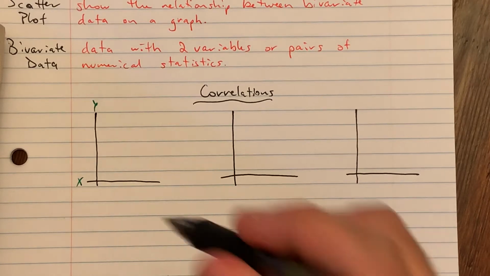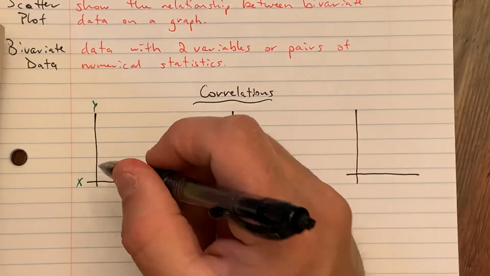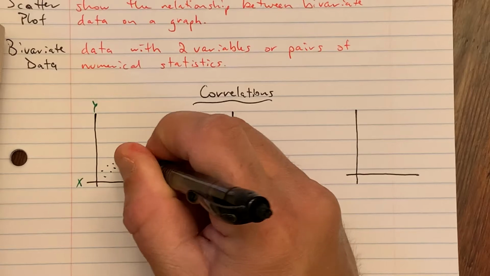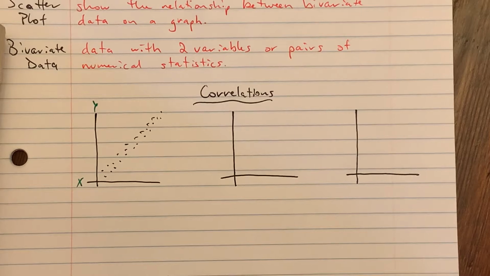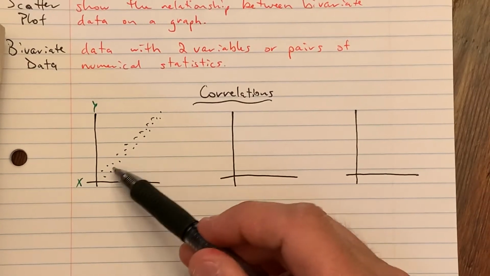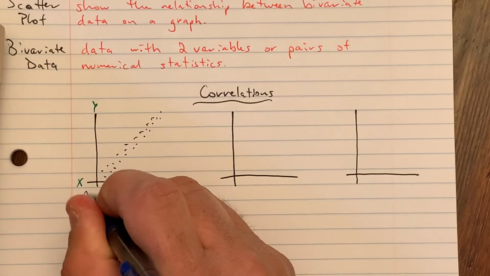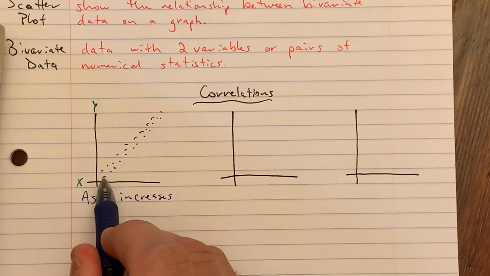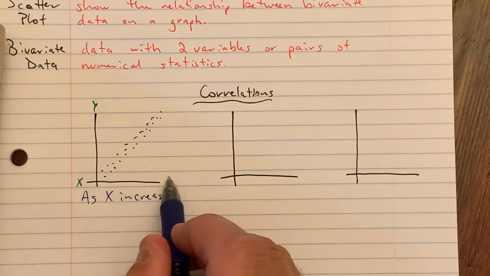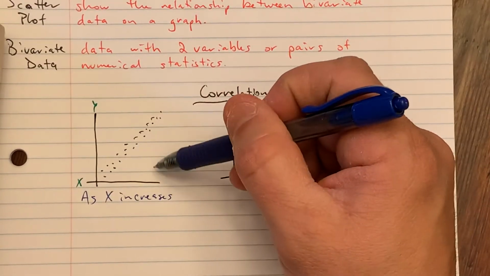But whatever it is, when it's graphed, and it's usually a lot of information that's graphed here, if my points of data are kind of going in this trend, all over the place, when I look at this, I notice that as x is increasing, so as the numbers on our x line are getting larger, what happens to the y?